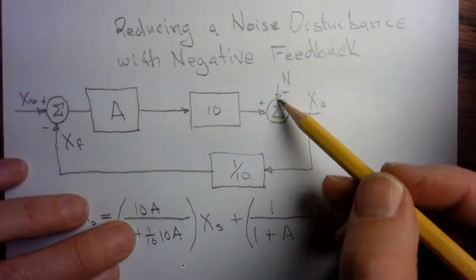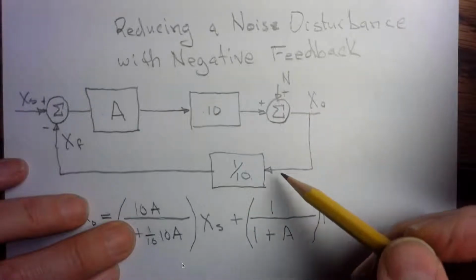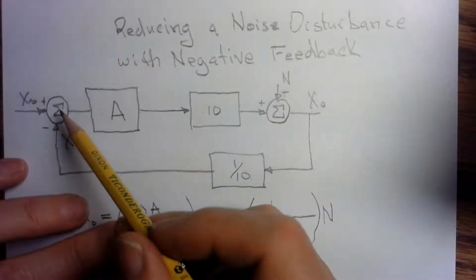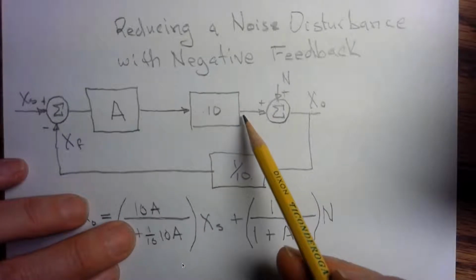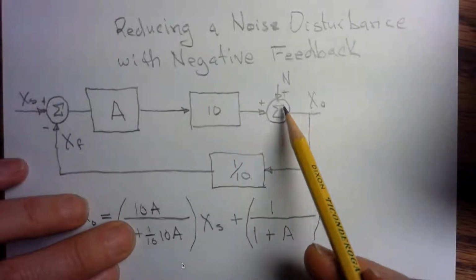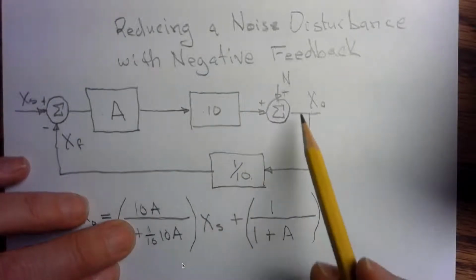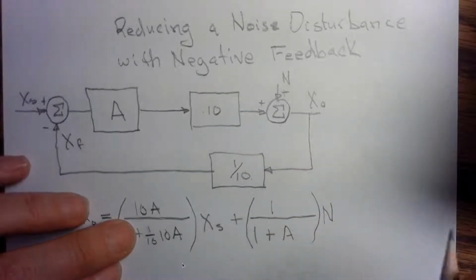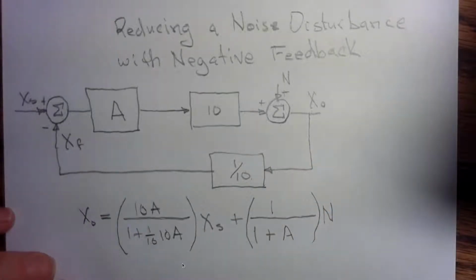Somebody's changed the direction of the output, but then that changes the direction your missile is going, and it corrects and eventually chases it down, hopefully. So negative feedback gives us a big boost when it comes to reducing external disturbances like the noise right here.